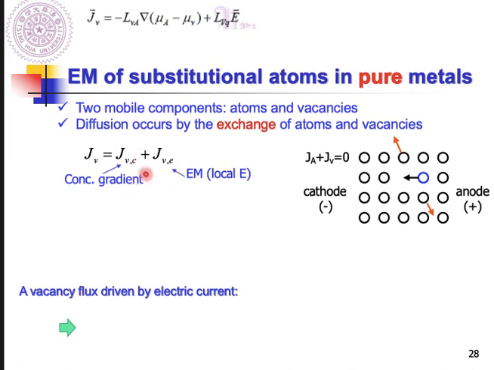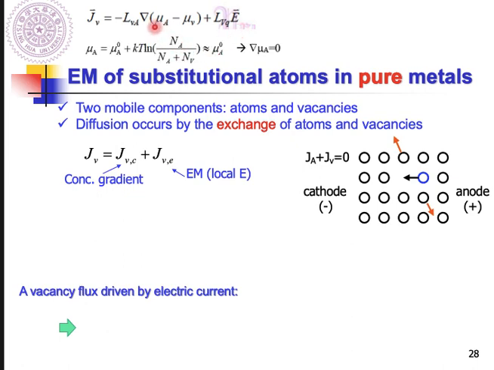So probably some people will write down that the J flux can be expressed like this: the first term is due to the concentration or chemical potential gradient, and the second term is due to the electrical field we apply on the system.